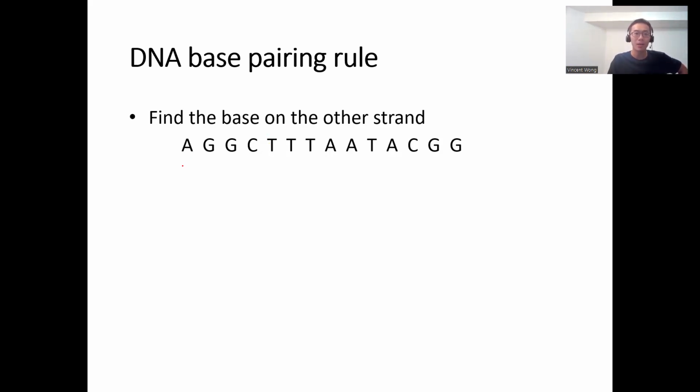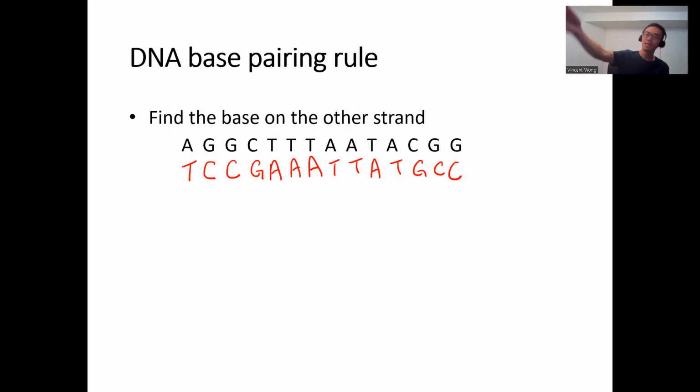Well, A pairs with T. And the next ones are C, C, G, and then A, A, T, T, A, T, G, C, C. Easy. If you know one side, you can predict the other side. This property of DNA is called complementary.